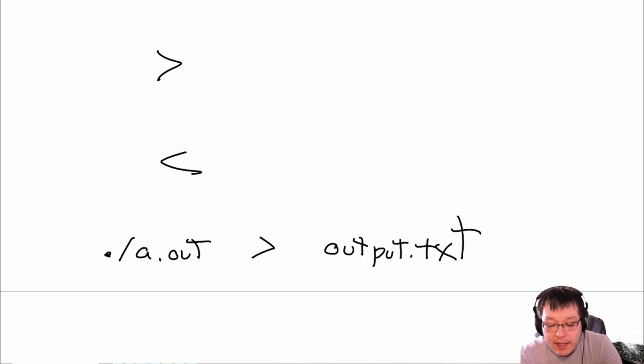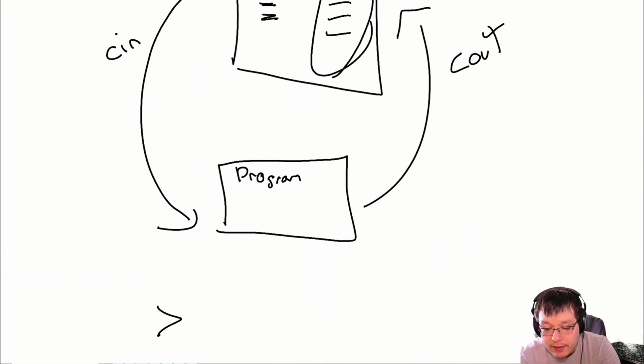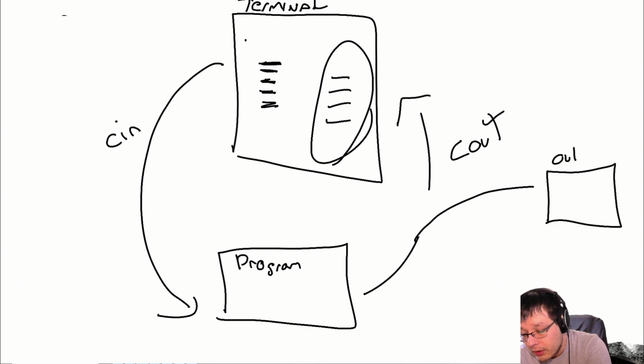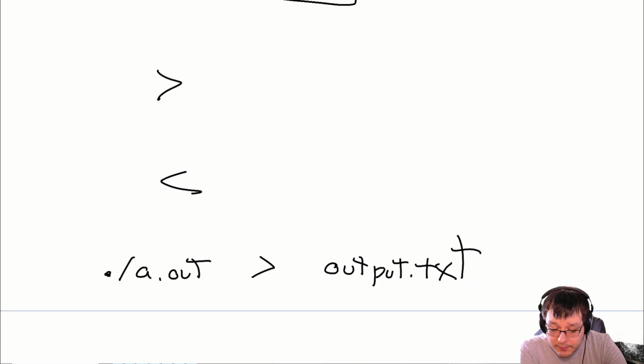So anyways, if you do that, it's going to take any output that would have gone to the terminal and redirect it. So in a way, it's going to cut this link away, and instead it's going to redirect it, hence the name Linux redirection, into a file called output.txt, because that's the file that I gave it, okay? On the other hand, you can do the same thing for the input.